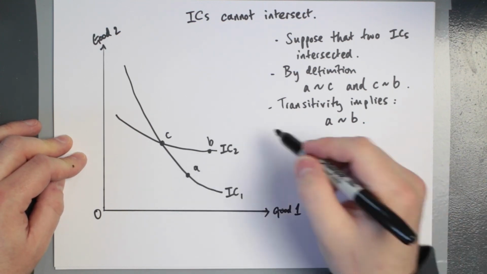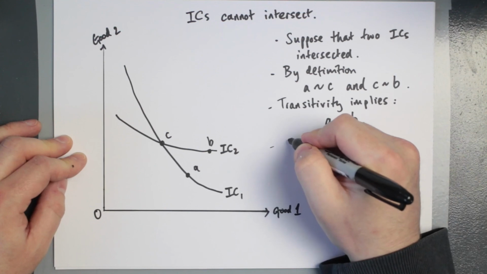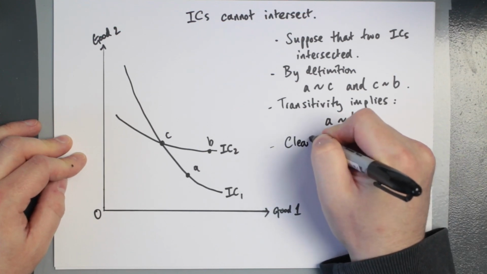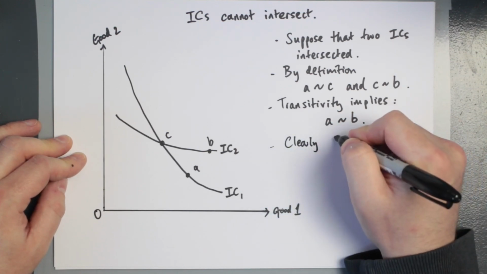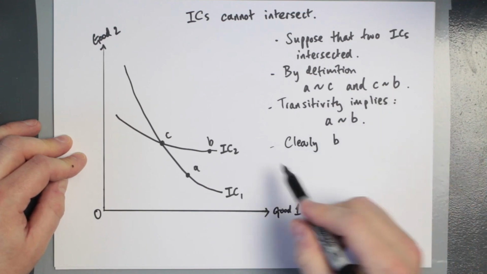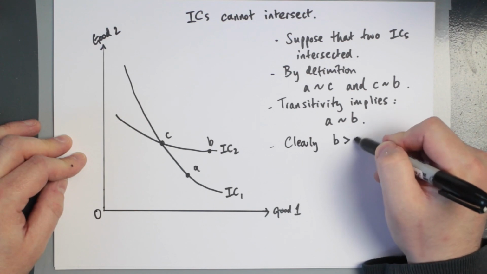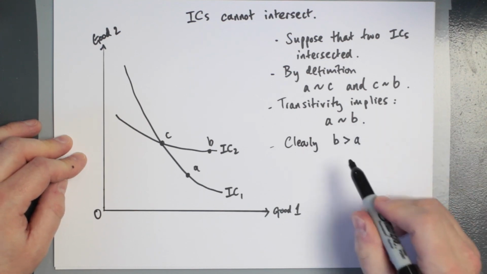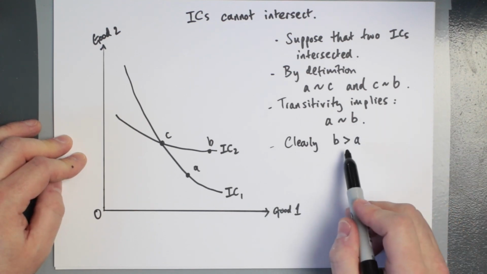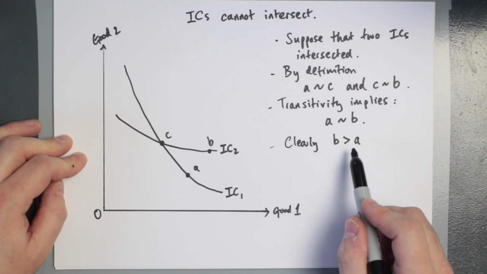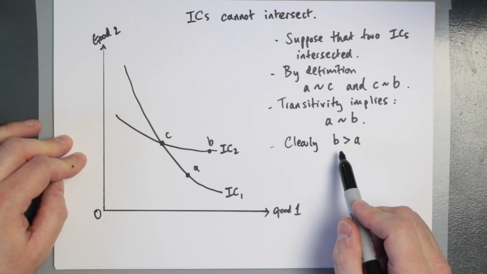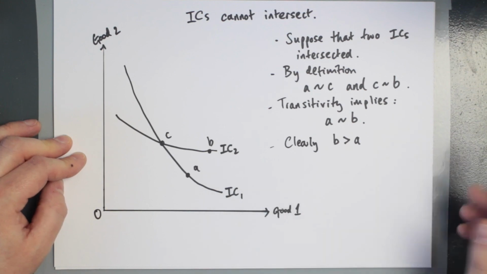Well, the way I've drawn B, it's clear from the diagram that B is larger in both coordinates. So it's larger, comparing two two-dimensional objects. So this is a vector inequality. B is larger than A. Okay, it's at least as large in both coordinates, and it's not the same bundle.